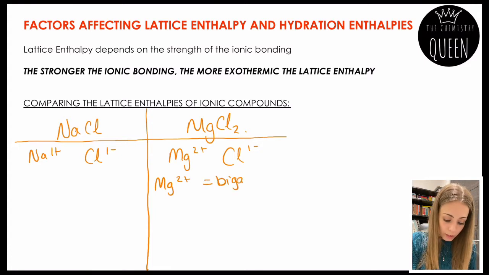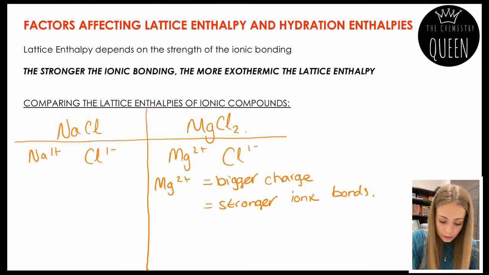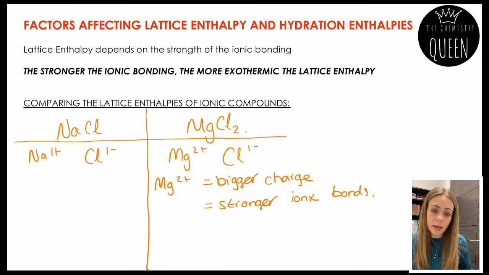So we've got a bigger charge, which ultimately results in stronger ionic bonds. But we can also look at the size in this case as well. So we know that going across a period, and they're both in the same period, the ionic radii decrease.